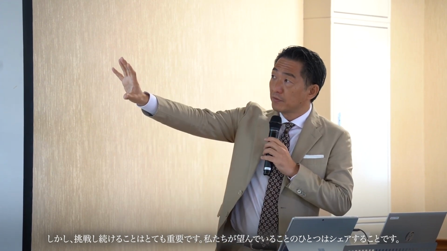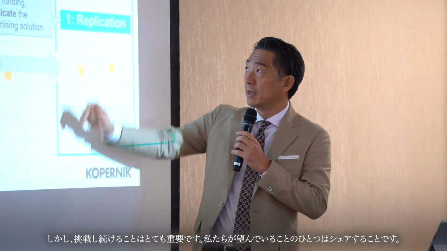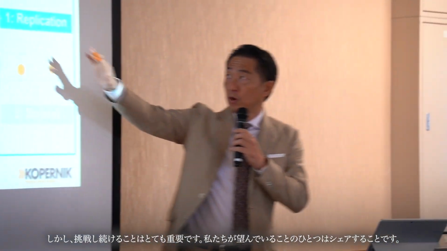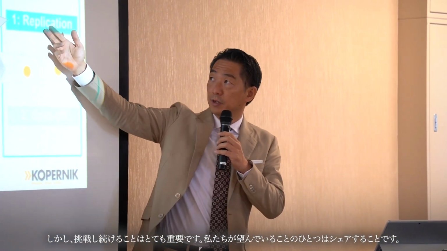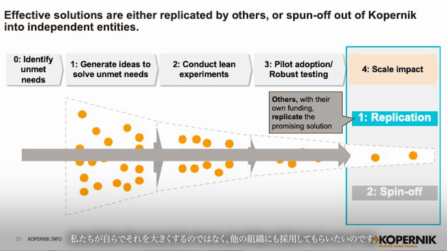So I said we stop here, but one of the things that we want is a replication. So if a solution is effective, we want other organizations to adopt it, not us making it bigger, but others adopting.